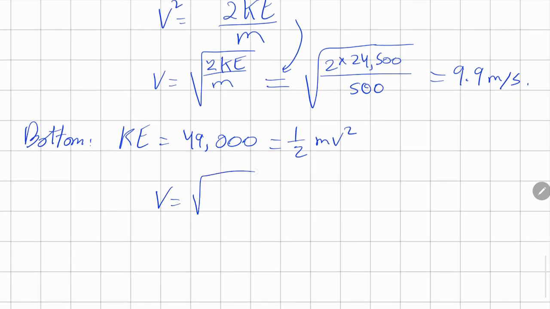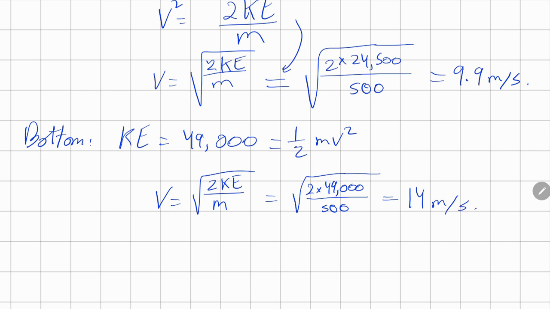The velocity is the square root of 2 times the kinetic energy over the mass. So we plug in the numbers, 2 times 49,000 all over the mass, which is 500. We get 14 meters per second.